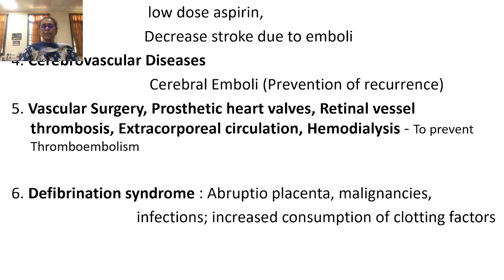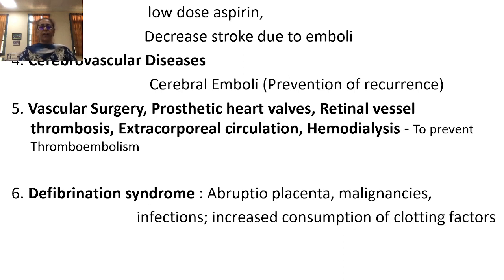Now, the other cases of ischemic heart diseases, like when there is unstable angina, after myocardial infarction, after angioplasty, after coronary artery bypass surgery, and then after stent replacement, for all these conditions we need heparin. Then in patients of rheumatic heart disease, atrial fibrillation, we can give warfarin or heparin.